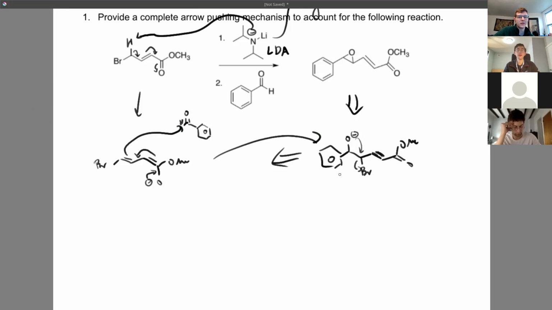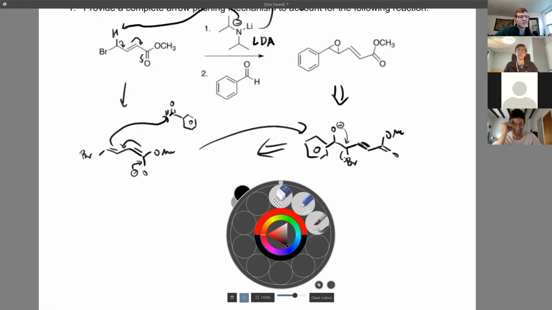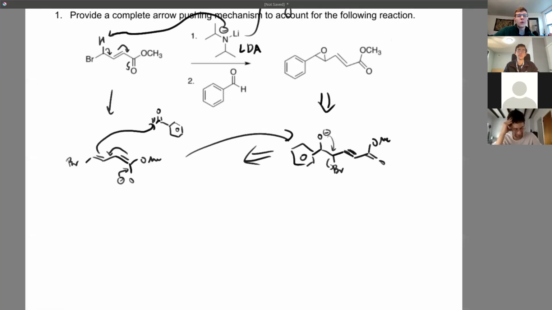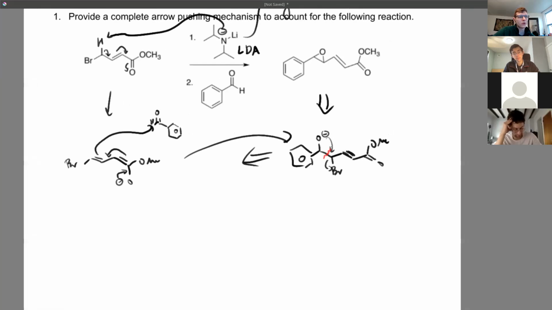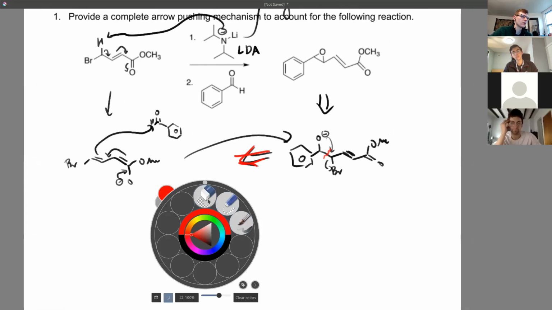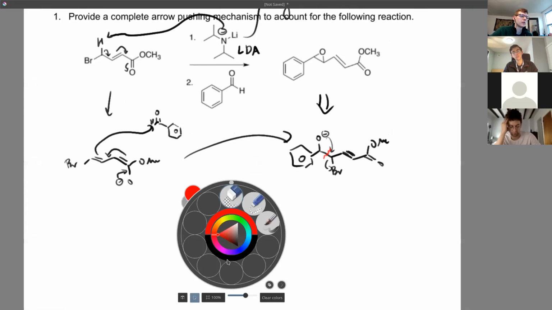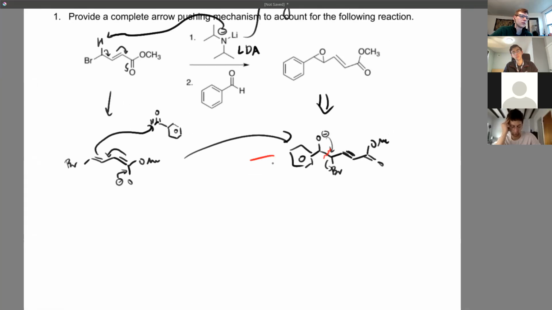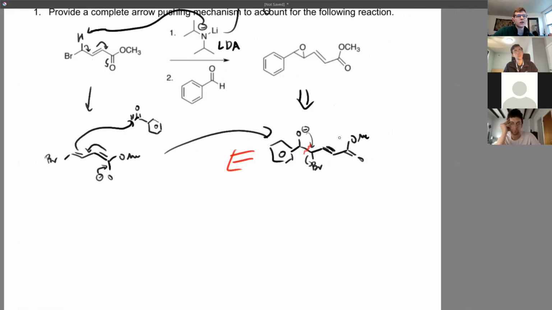And that's it, right? In other words, if we were going retrosynthetically, we were splitting this bond to go backwards. So we split the bond to go backwards there, right?